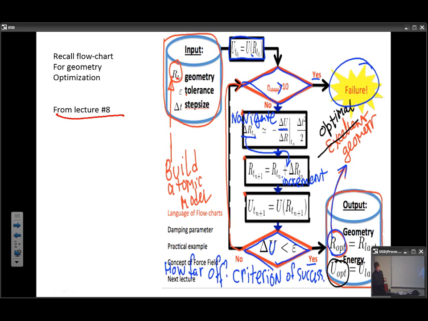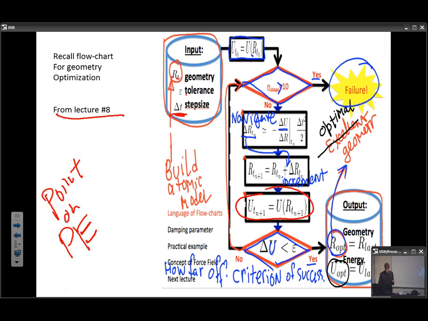So we started with geometry, tolerance, and step size, and then we were computing gradients and the increment of each position, of each ion. And then we were recomputing the point on the potential energy surface.